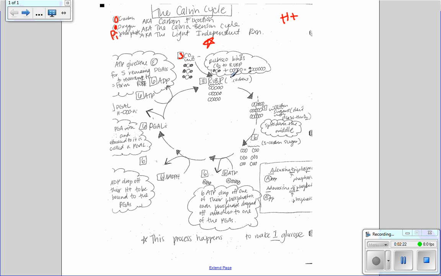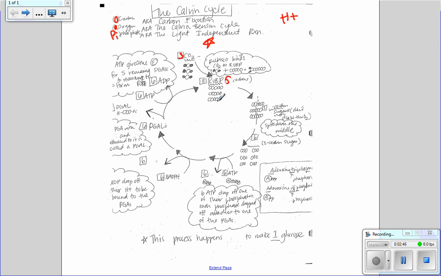There's 5 in each of them, right? So you got to write that in there. RUBP has 5 carbons. Okay, so RUBP is a 5-carbon sugar, and there are going to be 3 of them waiting in the stroma that are going to bond to, each of them bonds to one of these carbon dioxide molecules.